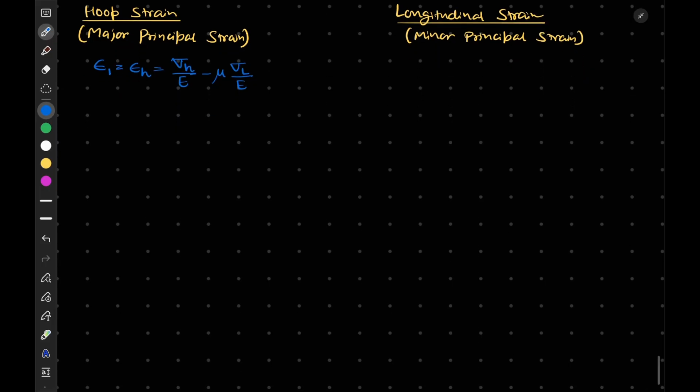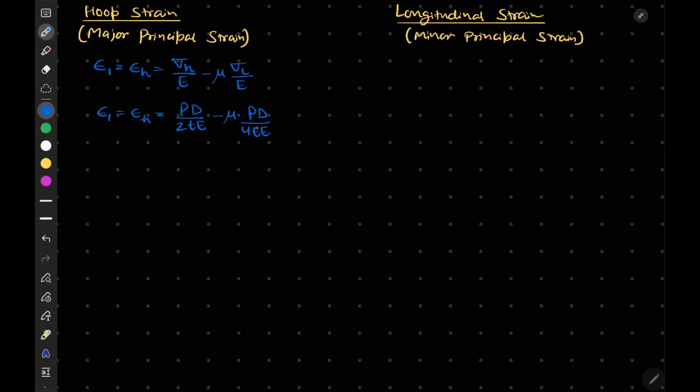So I can write that epsilon 1 or epsilon h is equal to, if we substitute the values here, PD by 2TE minus mu times PD by 4TE.